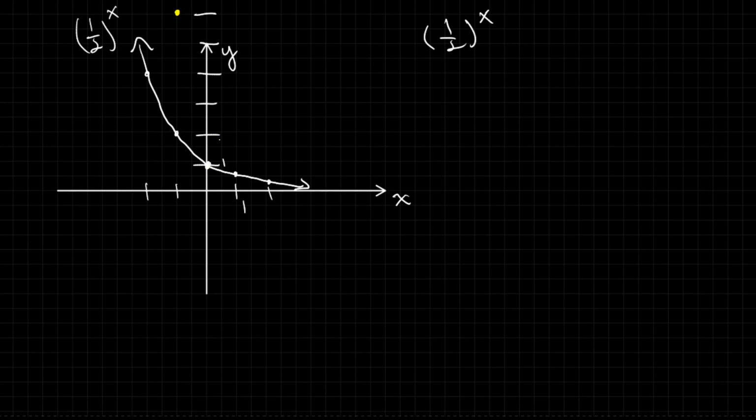At 0, 1, we multiply that by 3. Gets a little trickier with the fractions. I have 1, 1/2, multiply that by 3, and I get the y value of 3/2. At 2, 1/4, you multiply that by 3, you get 2, 3/4. And we'll go ahead and connect these.